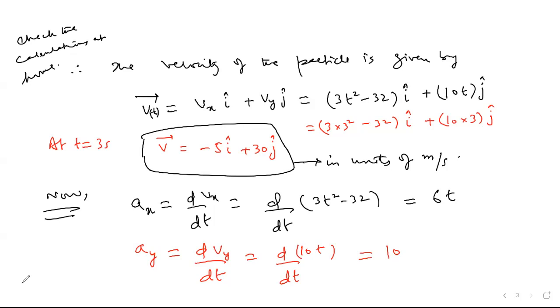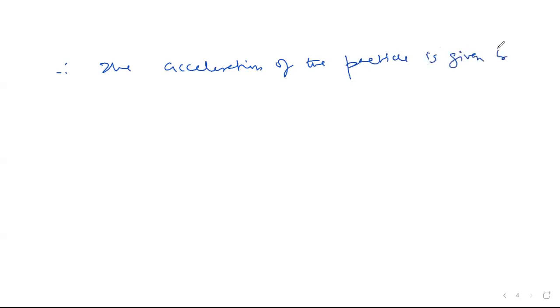So what is our acceleration vector? Therefore, the acceleration of the particle is given by the acceleration vector ax i cap plus ay j cap.